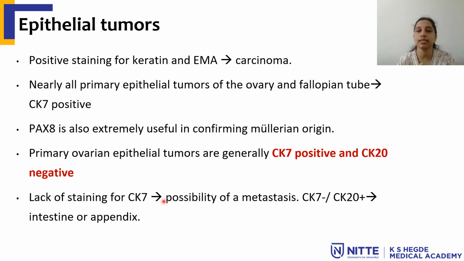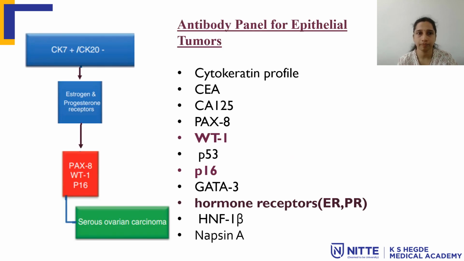If the tumor is CK7 negative and CK20 positive, it suggests a metastatic carcinoma, and the most common metastatic carcinoma to the ovary is from intestine or appendix.